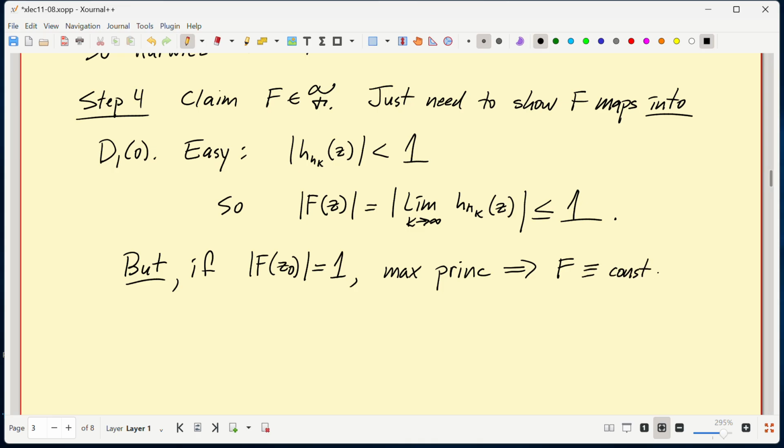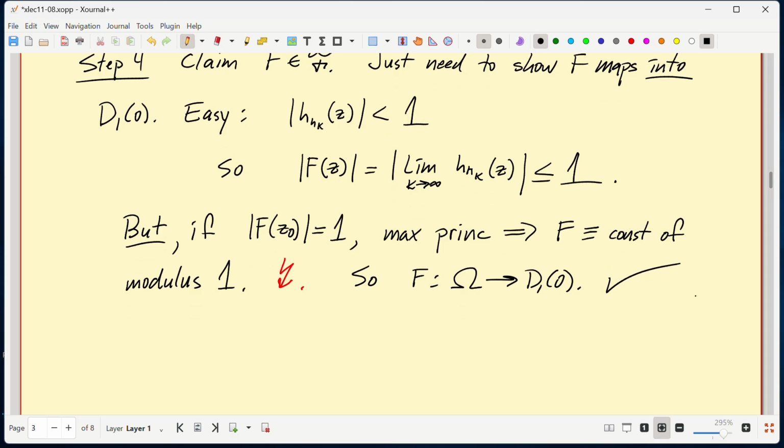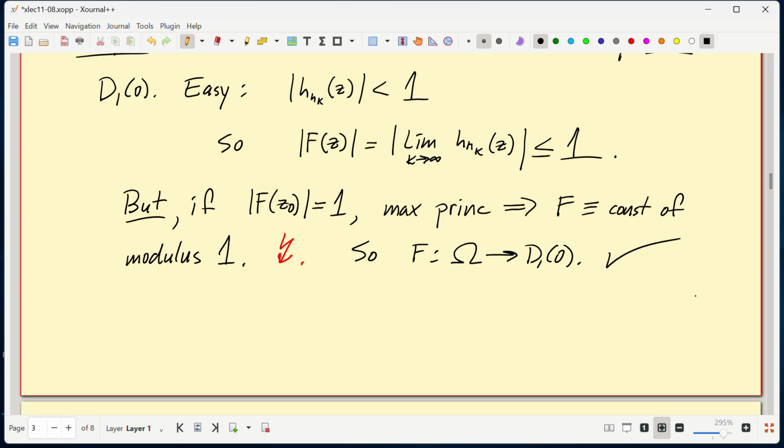It'd be a constant of modulus 1. And of course it's not, so that's a contradiction. So it's less than 1 and we get what we want. F maps omega into the unit disk. And that's the last thing we needed to see that it's in script F. So that means M is not a sup, it's a max.